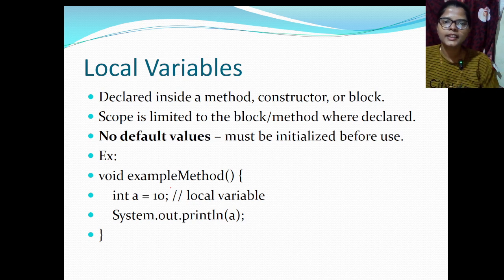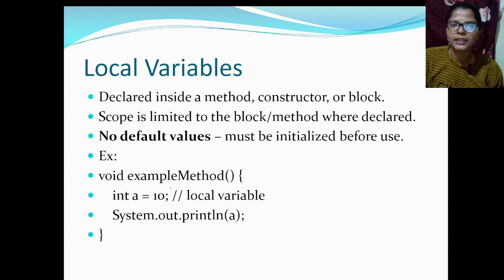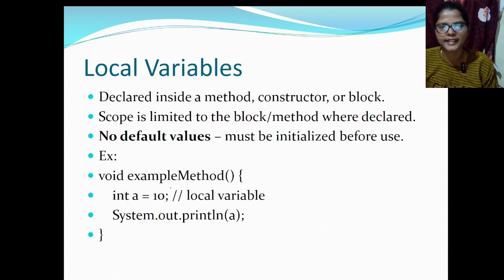In the same way, the local variable you have declared inside a method or constructor is understood there. But if you try to access that variable outside that method or constructor, you'll get an error, because you can access the data only inside that method.